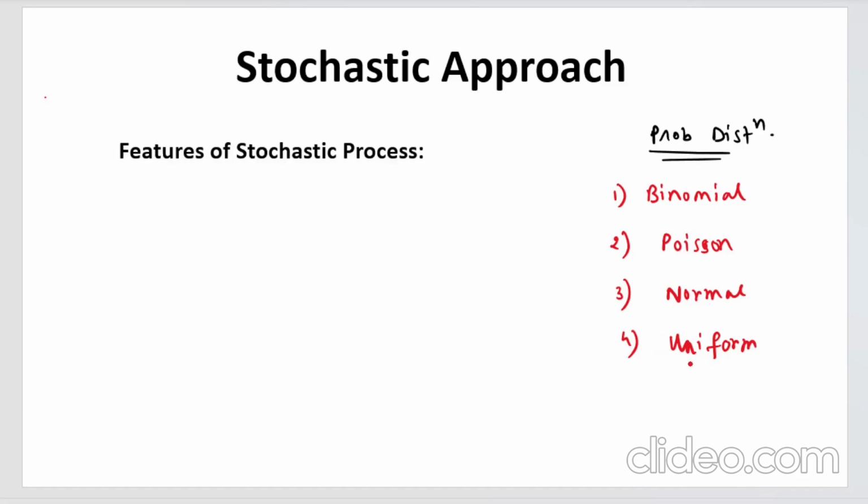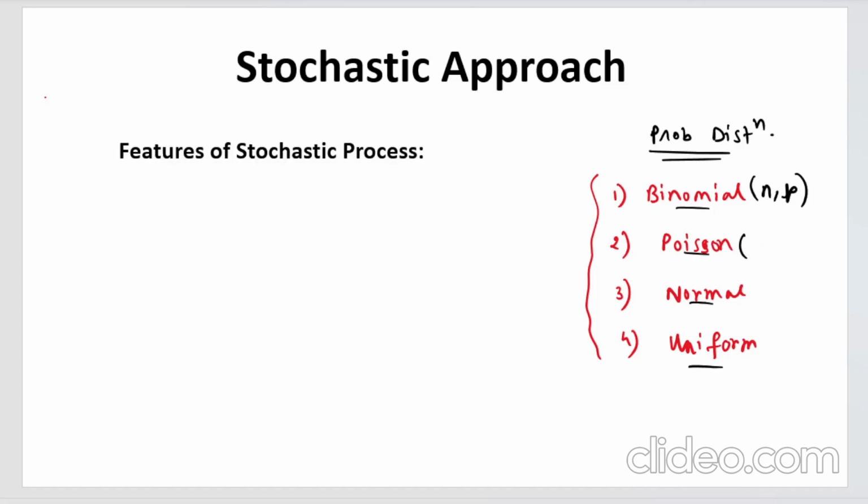So if you know the fundamentals of these distributions, you have the idea of what the features of each distribution are. We can find out some of the features of a distribution in terms of the parameters involved in it. What are the parameters? Suppose for the binomial, the parameters are n and p; you have two parameters, n and p.